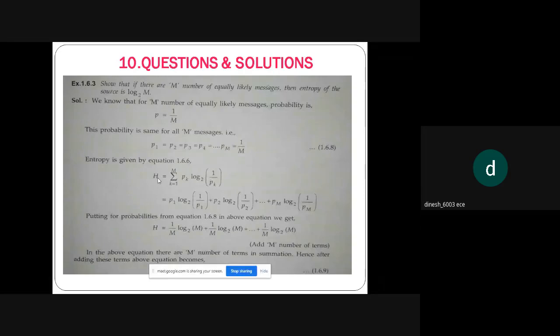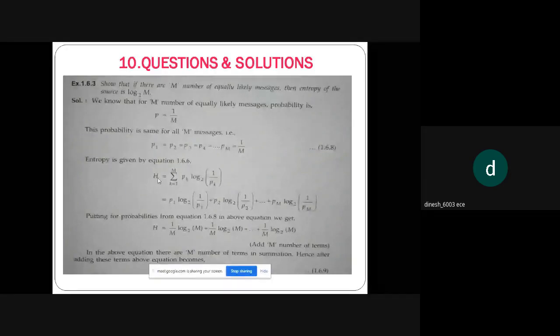So we can write P1 log to the base 2 of 1 divided by P1, plus P2 log to the base 2 of 1 divided by P2, plus P3 log to the base 2 of 1 divided by P3, till Pm log to the base 2 of 1 divided by Pm.